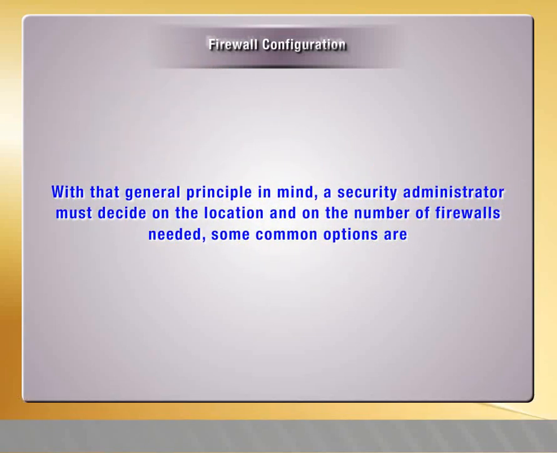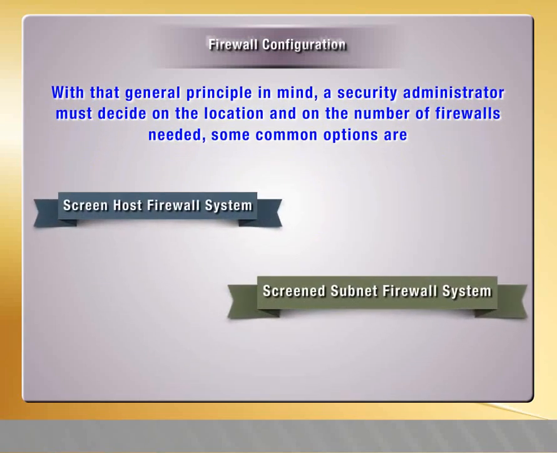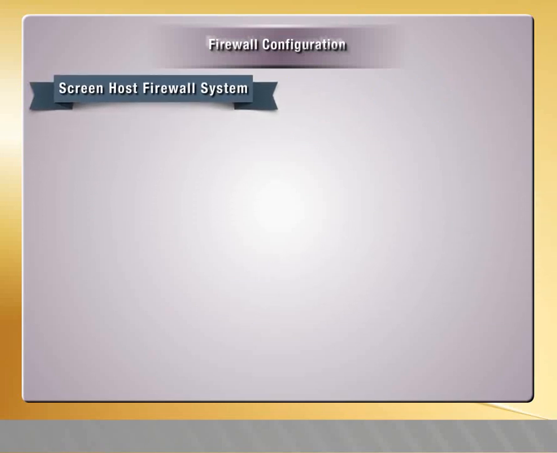With that general principle in mind, a security administrator must decide on the location and on the number of firewalls needed. Some common options are screened host firewall system, screened subnet firewall system.